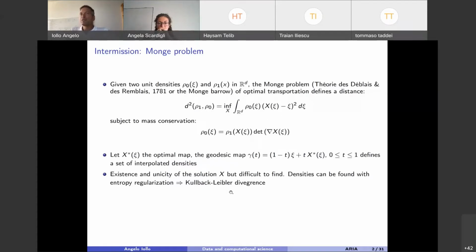But the fact is that you don't get the map, you get directly the interpolation, which can be good for data augmentation, but it's not necessarily what we look for in general. But I will discuss this issue as far as I can in a second.